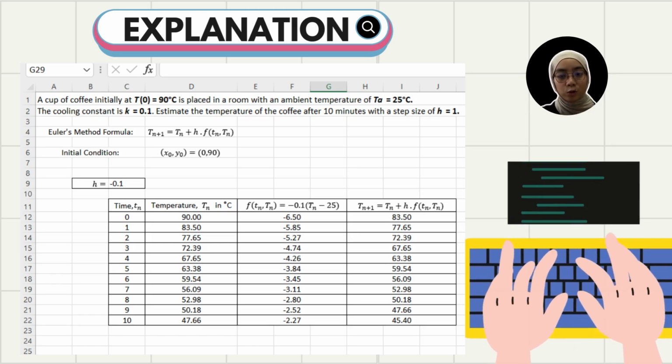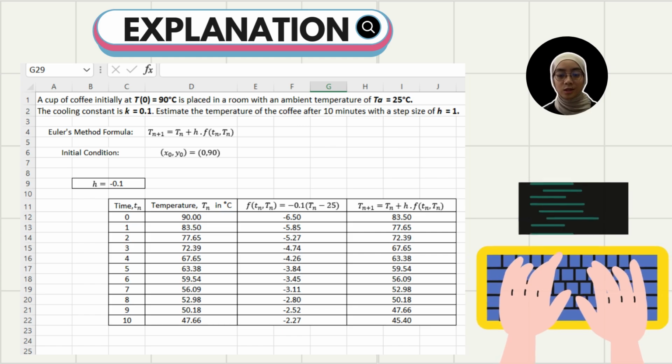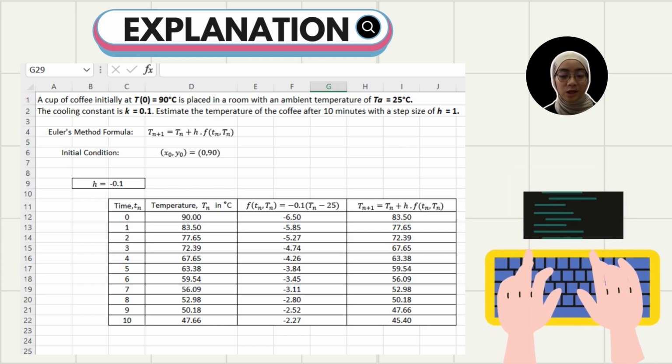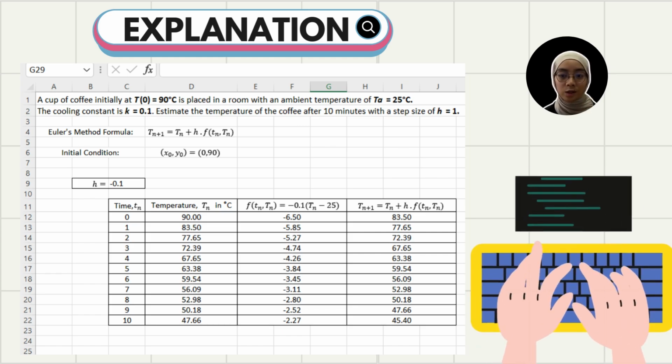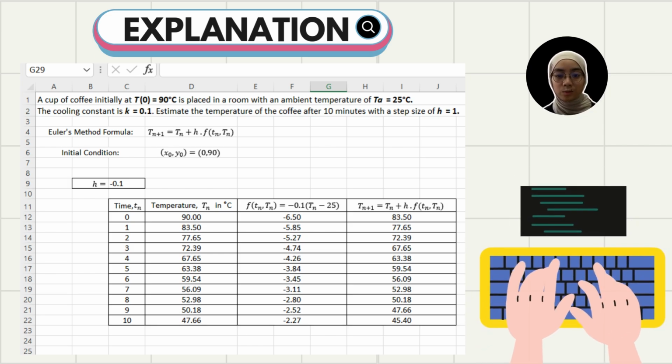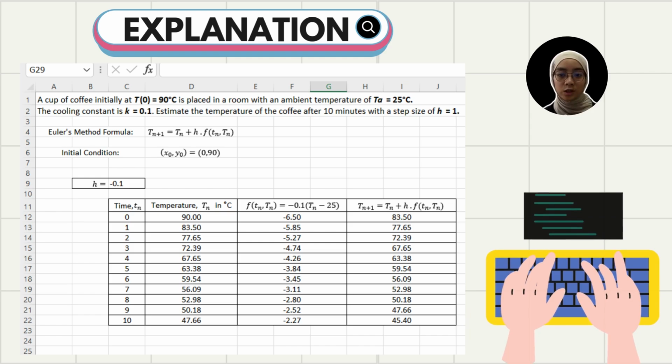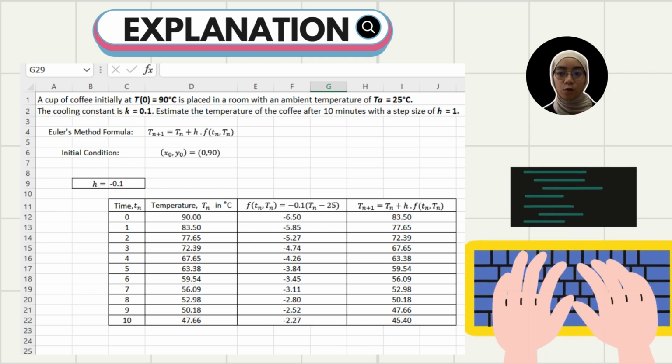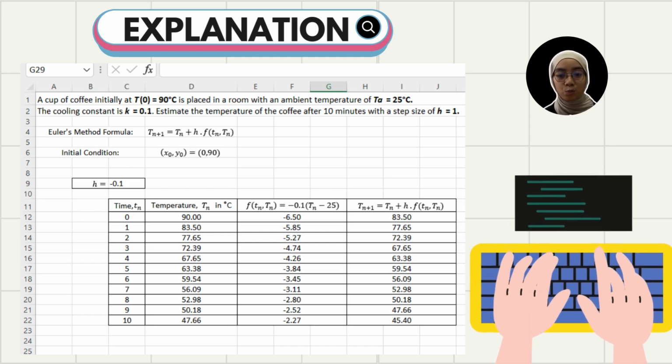Using h equal to 1, we can calculate T_{n+1} for successive time steps starting from the initial condition of 90. For example, at the initial temperature of 90, the rate of cooling is negative 6.5.